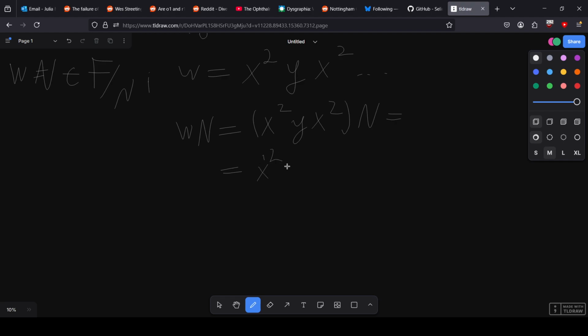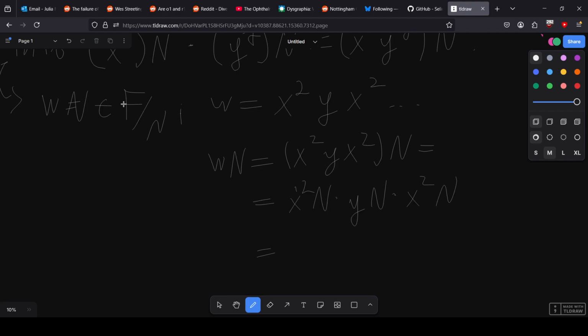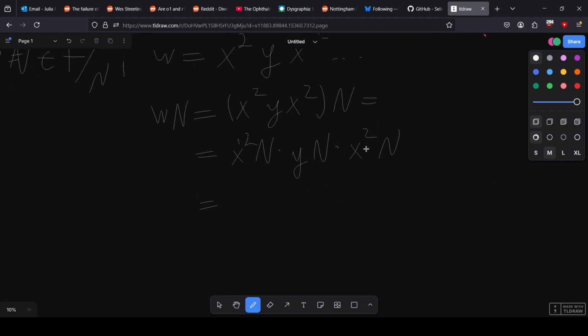So this is x squared N, y N, x squared N. Since those relations work in F quotient N as previously, y x squared will be the same as x to the minus 2 N, and we throw that onto the other side, so this turns into x to the minus 2 N, y N, which is then equal to y N, because these two cancel out as inverses.